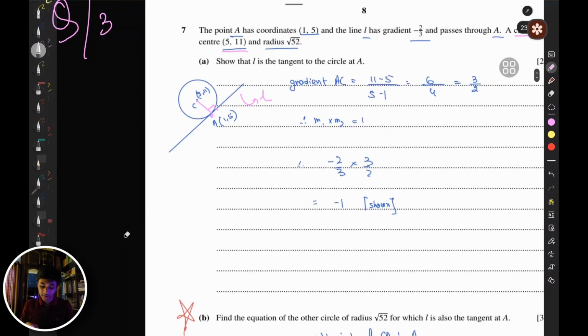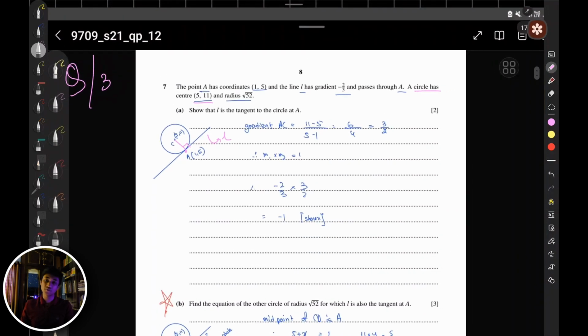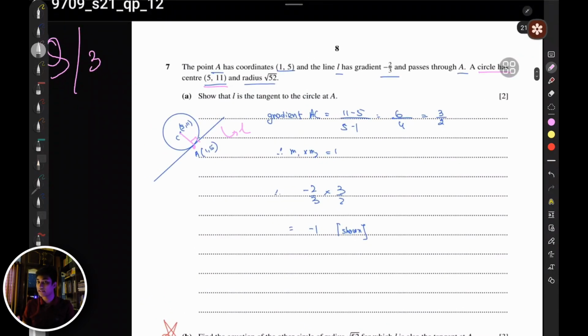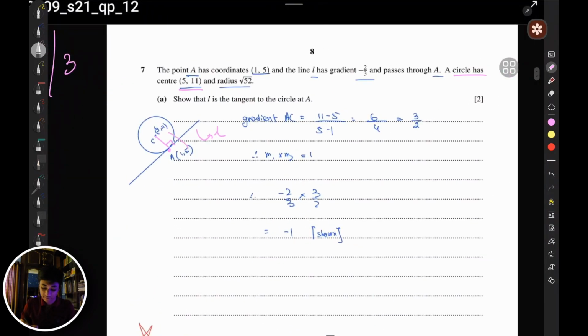So if you know that, what you can do is use the gradient product rule. For that, you need to find the gradient of AC, which is (11 minus 5) over (5 minus 1). You do that, and you get a gradient of 3/2. You already know the gradient of the line, which is -2/3. If you multiply both, you get -1.